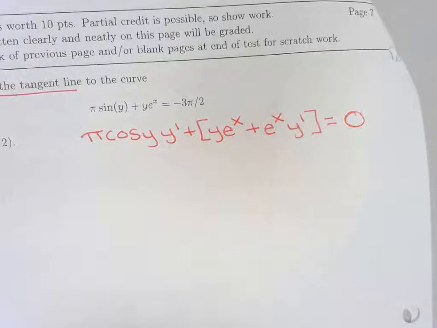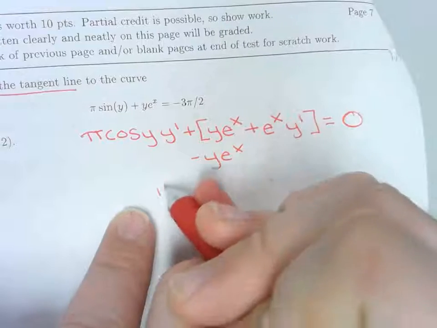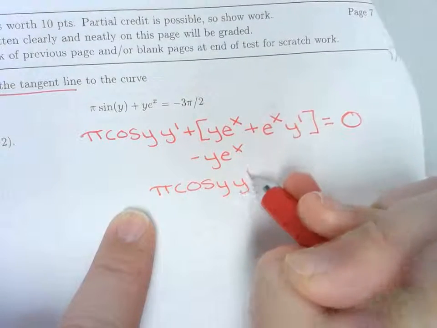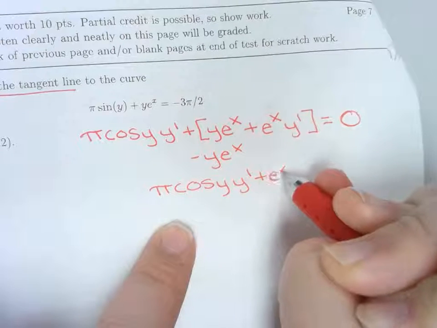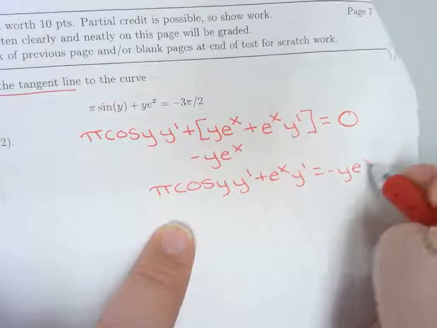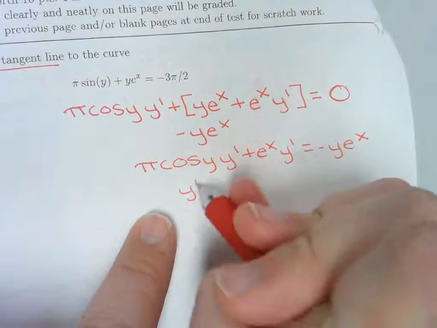I need to solve this for y prime. Thoughts? Don't let the brackets be confusing to you. You just take a y prime out. Well, I'm going to move this over first. So we're going to subtract the only thing without y prime to the right side. And then we're going to take out a y prime.